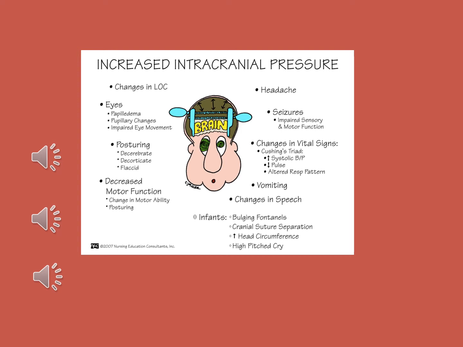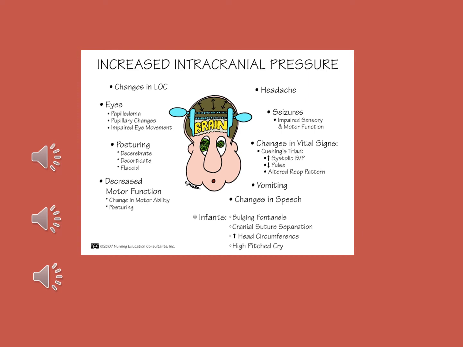The next one is our fontanelles, which goes right along with our head circumference. We don't want the fontanelles to close too soon, because that can lead to various problems. In an infant, it's important to assess those open fontanelles. When we're assessing the anterior and posterior fontanelles, especially the anterior, since that's the one that stays open the longest, we're looking for a tense, bulging fontanelle.